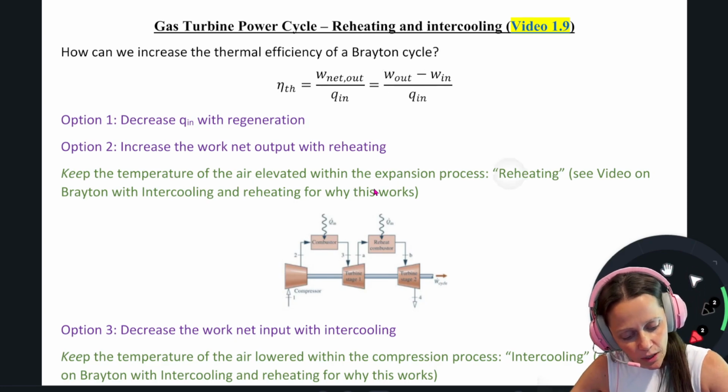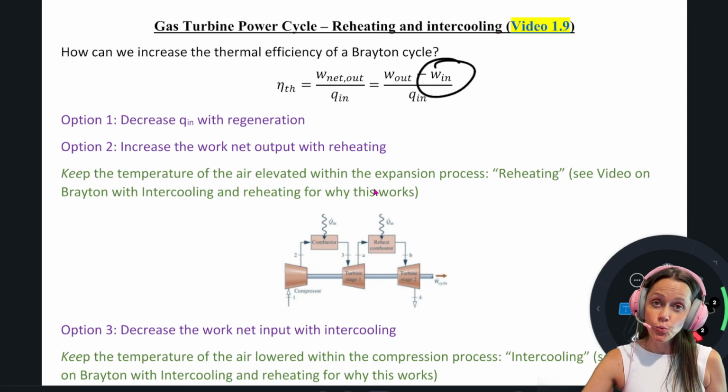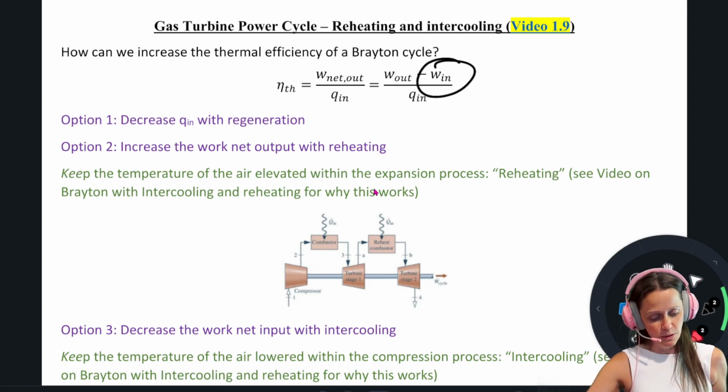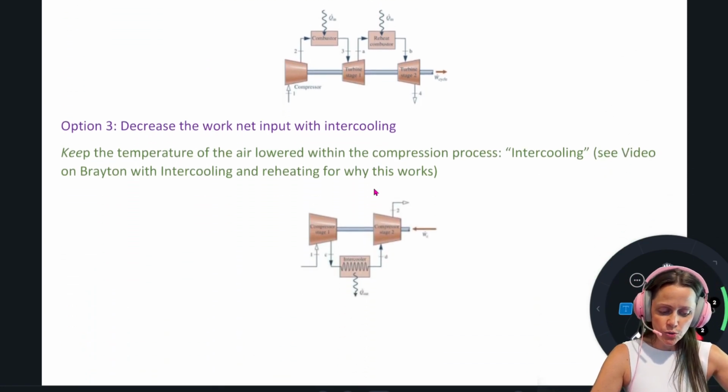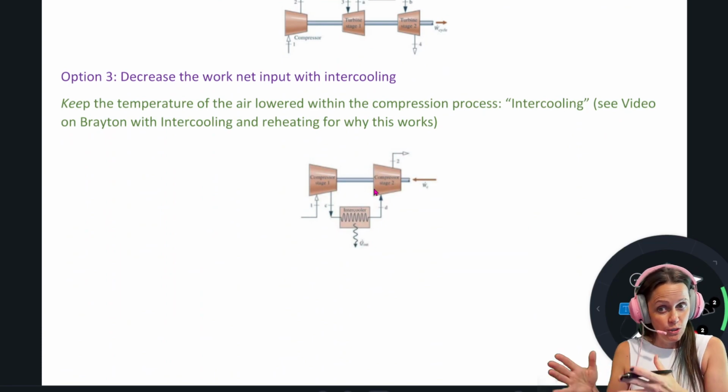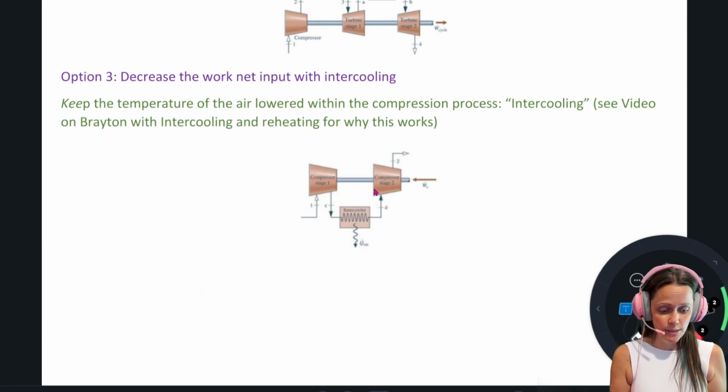And then we can also try to decrease the work input to increase that thermal efficiency. We just do the opposite thing with the compression. We divide it up into two compression processes instead of one single compression process.